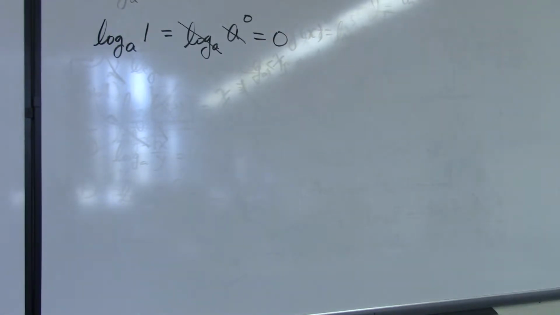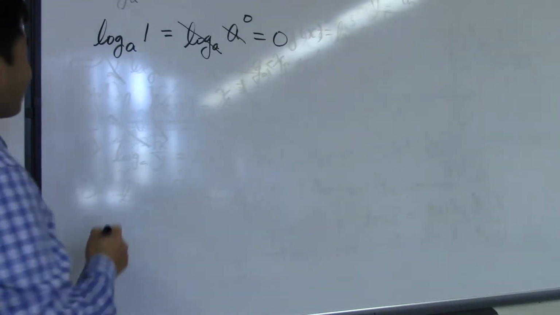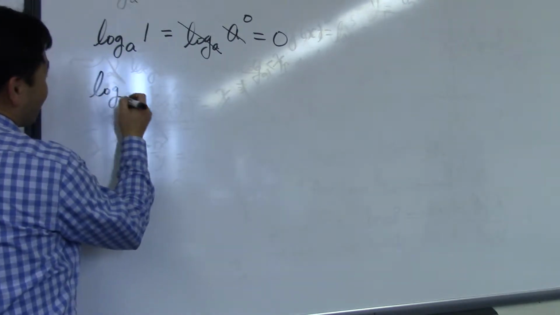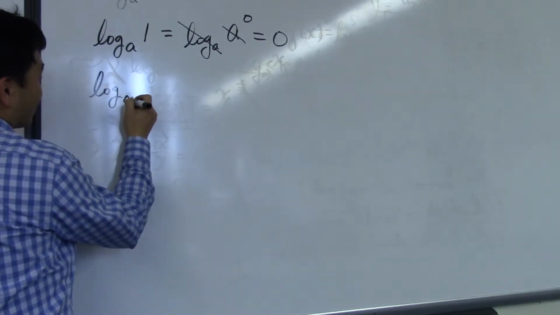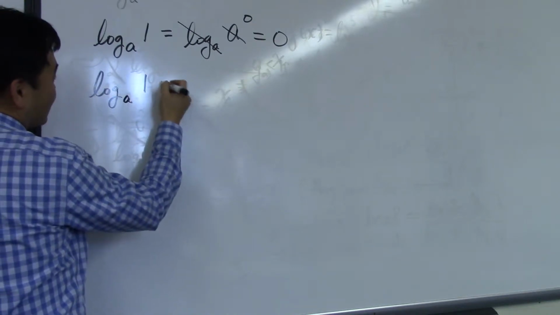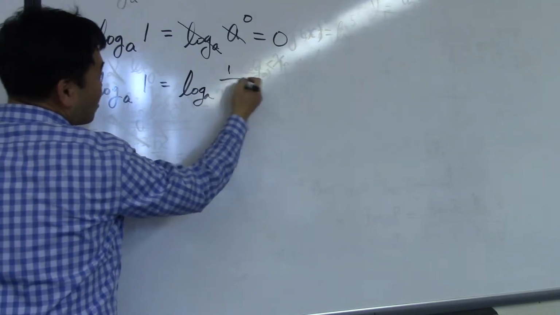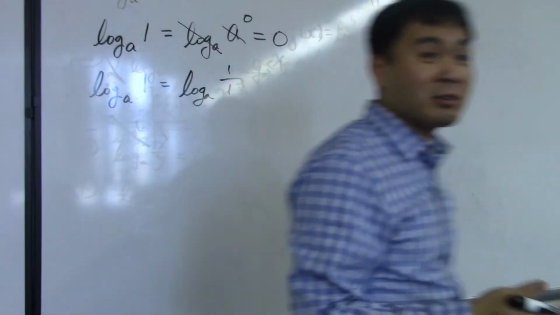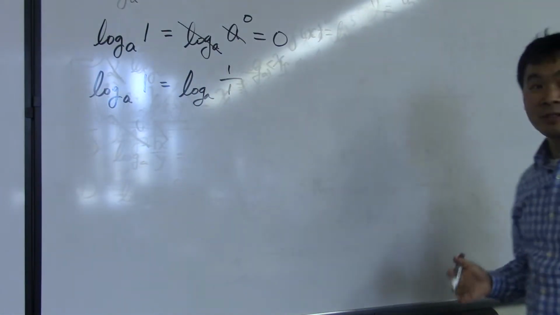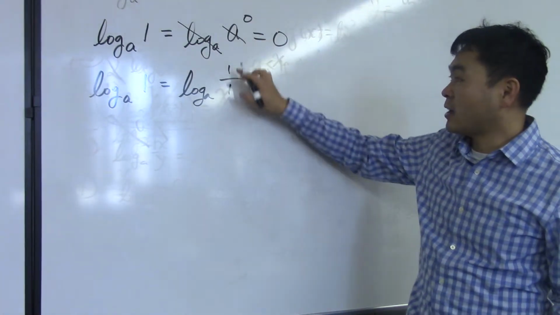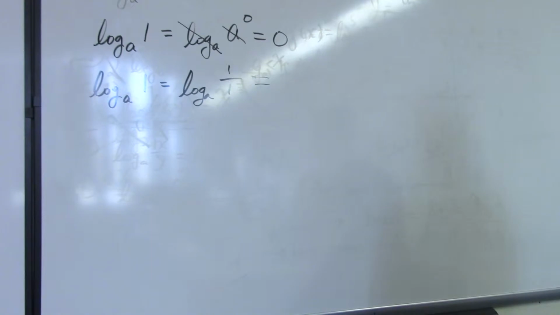But there's another proof that I like, because it's pretty fun. Log a of 1 is log a of 1 over 1. 1 divided by 1 is 1, right? Now, what's the log rule to handle division inside a log?